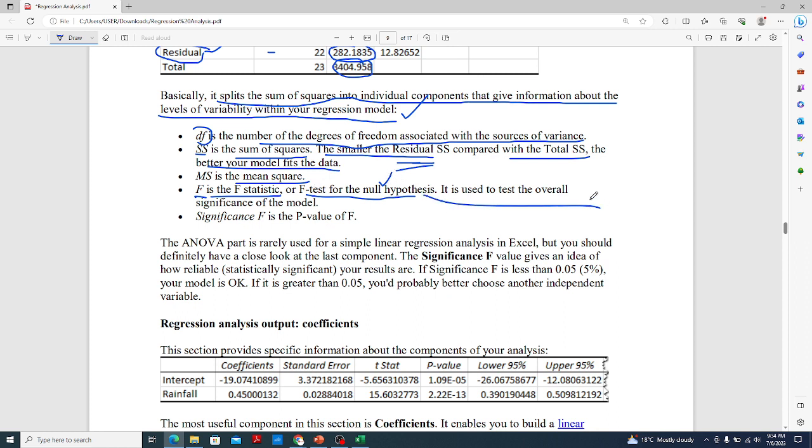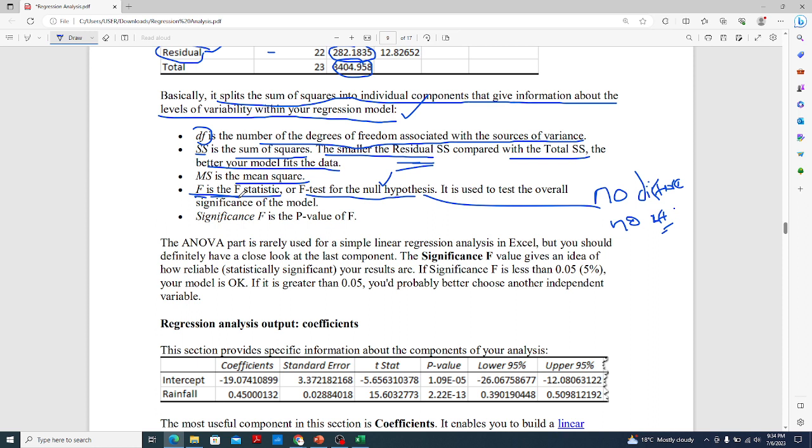Remember, it assumes that there is no significant difference in what you are trying to compare, or there is no effect. This is the null hypothesis.